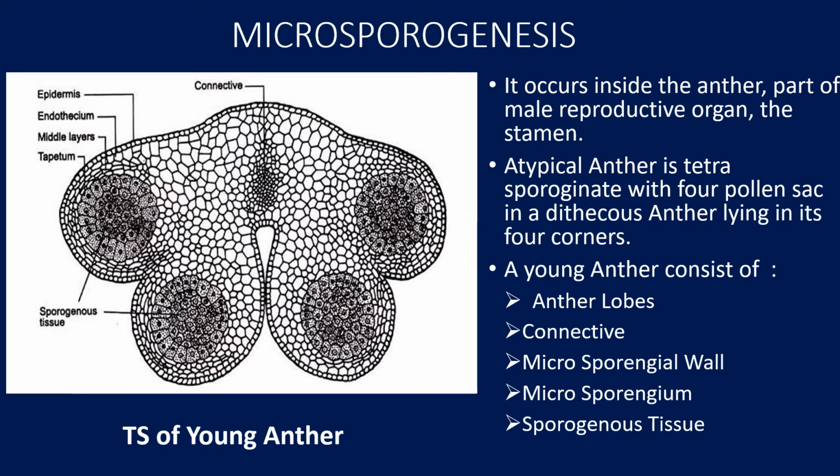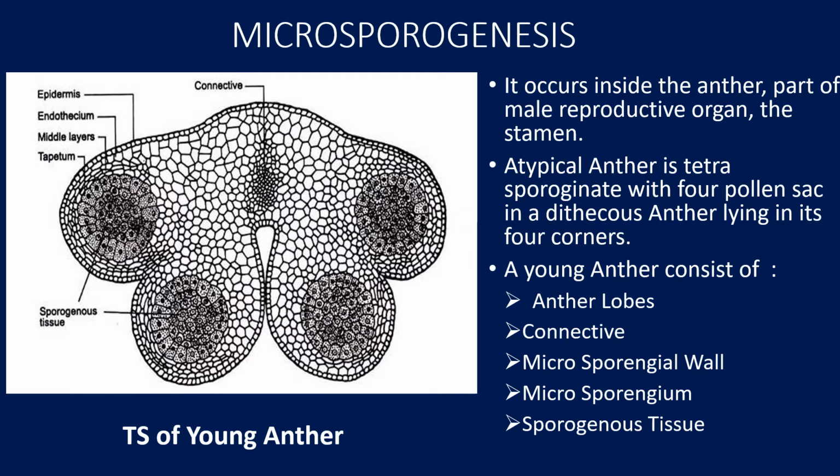A young anther consists of anther lobes. The 2 anther lobes are separated by deep longitudinal grooves. Each lobe comprises 2 microsporangia separated by sterile tissues, and these tissues, though at maturity, may become joined.